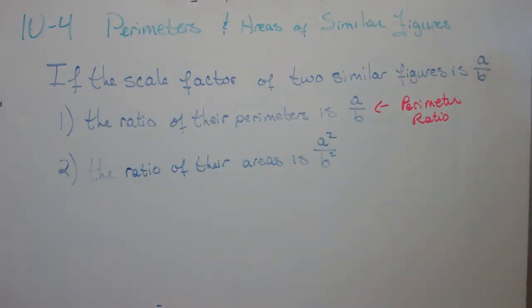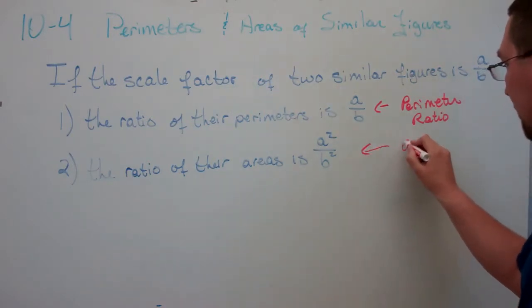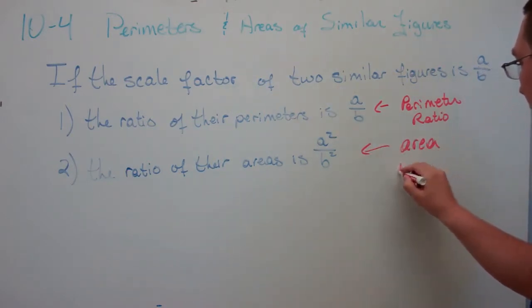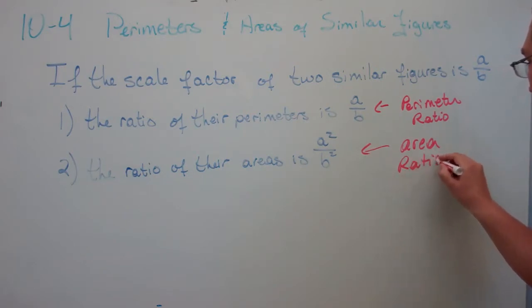The perimeter ratio is the same thing as the scale factor or the similarity ratio. And then number two, the ratio of their areas is A squared over B squared. This is also called the area ratio.